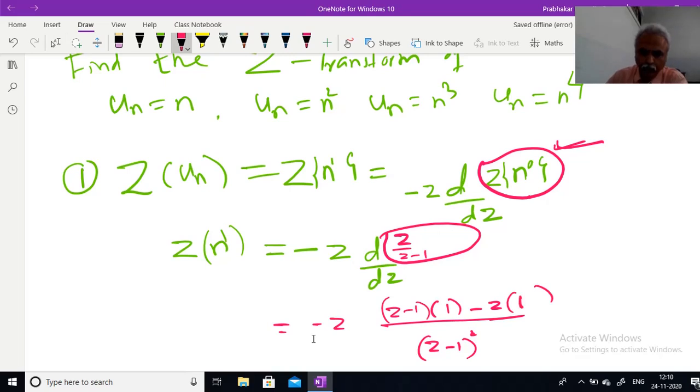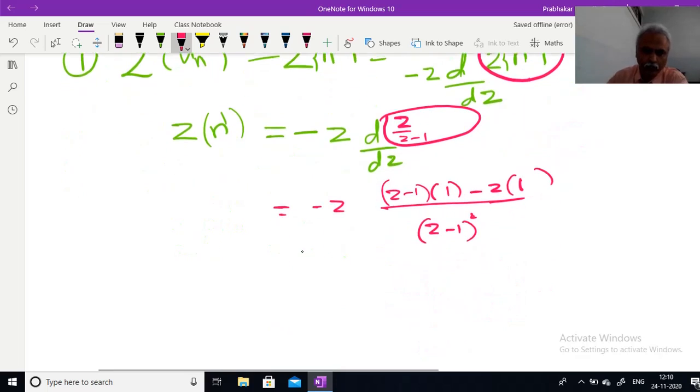Z and z get cancelled, this minus 1 becomes plus 1. So with little simplification, Z transform of n raised to 1 becomes z by z minus 1 whole square.